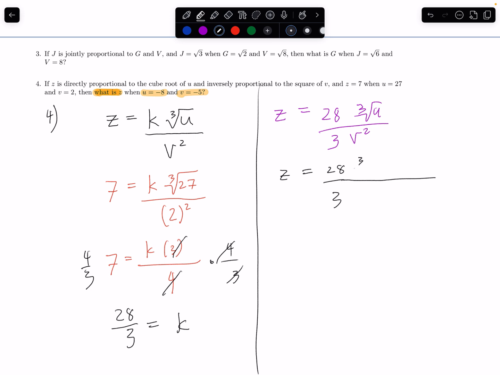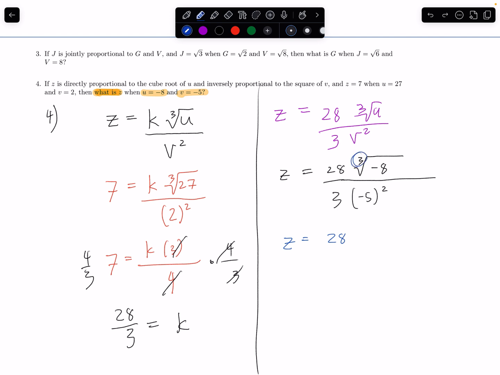And this is the cube root of whatever u is. What is u? -8. And then v squared. What is v? -5. Make sure you have that in parentheses before it's squared. Okay, this is kind of nice because what's the cube root of -8? Well, 8 is a perfect cube number. It's 2 times 2 times 2. Because it's negative, it will be negative: -2 times -2 times -2.